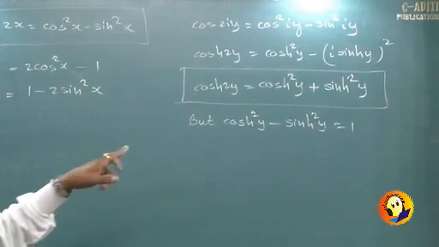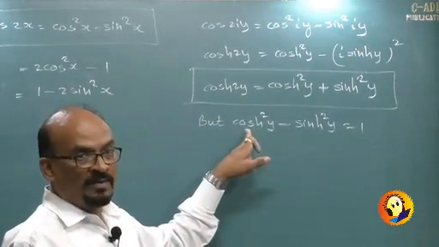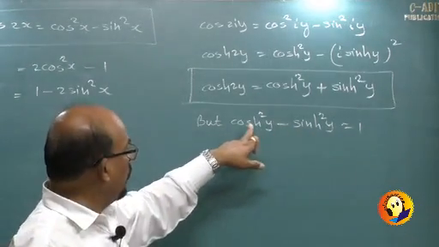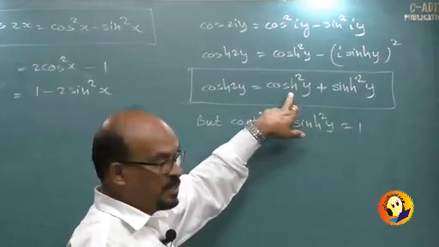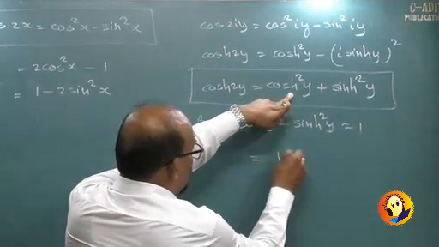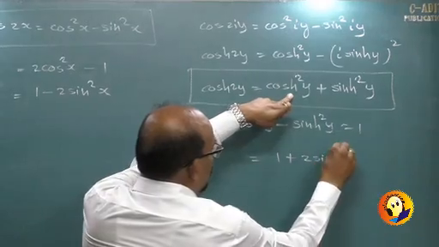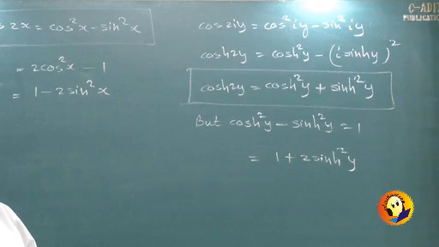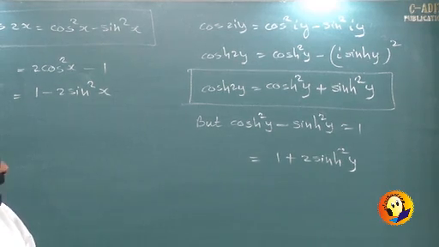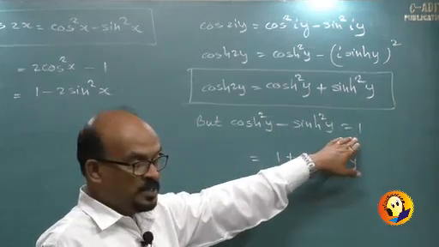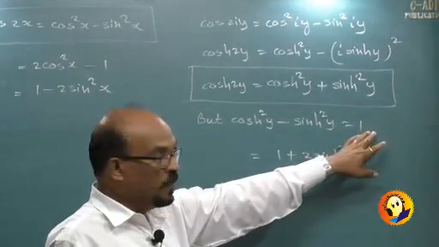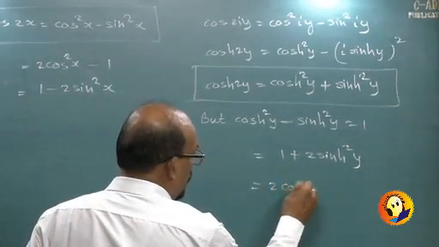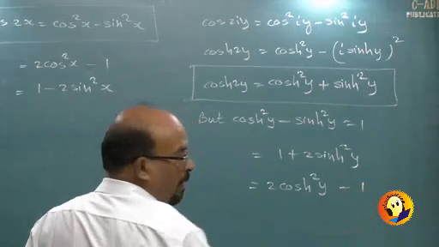So if I am to bring everything in terms of cosh or everything in terms of sinh, I will make use of this. Suppose for cosh square, if I substitute 1 plus sinh square here, I get the second formula as 1 plus 2 sinh square y. When I have substituted cosh square y as 1 plus sinh square y, and if I am to substitute sinh square y, then it will be cosh square y minus 1. So the second formula is 2 cosh square y minus 1.